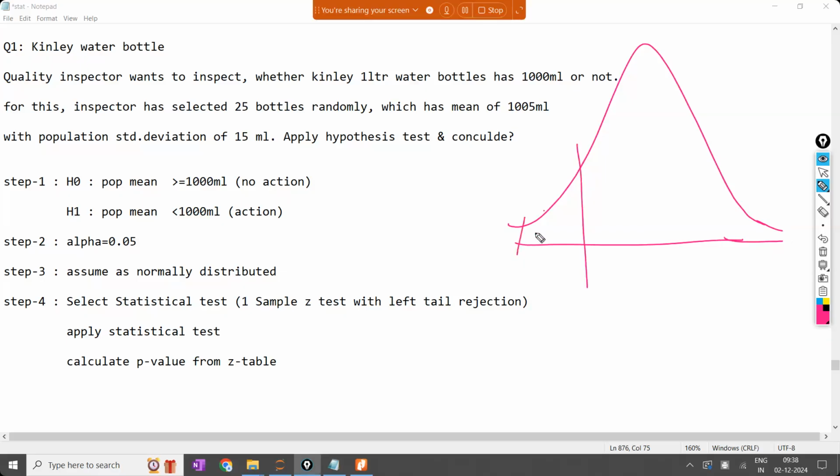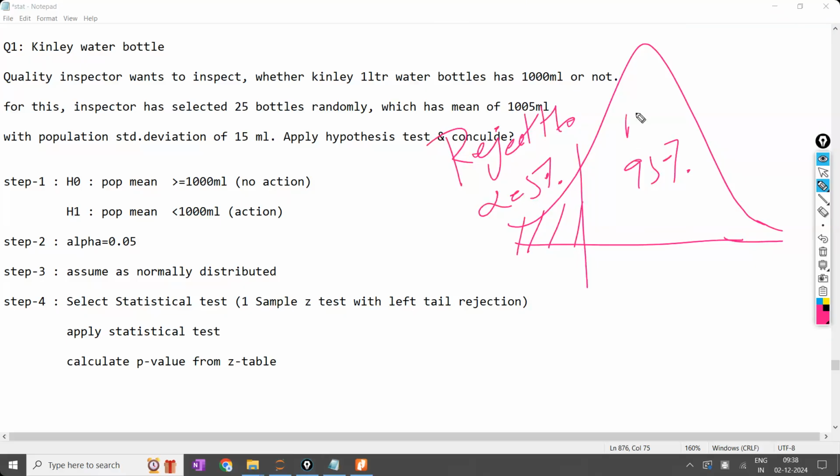So left side, you have to take 5% of the area. Then what is the balance area? Because the total area is 100%, this is 95%. 5% is rejection of null hypothesis, which is your alpha value, and 95% is your acceptance of null hypothesis. This is the diagram.